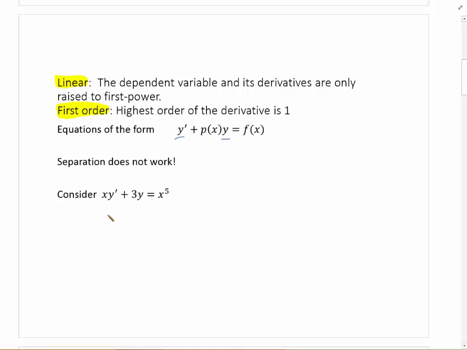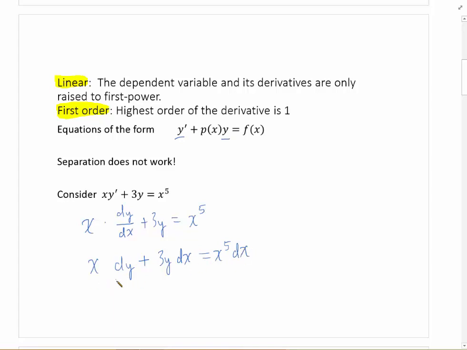Let's consider this example. Let's say we had xy prime plus 3y is x to the fifth. So we rewrite this as x times dy dx plus 3y is x to the fifth. Well, if I try to get rid of the dx, x dy plus 3y dx is x to the fifth dx.